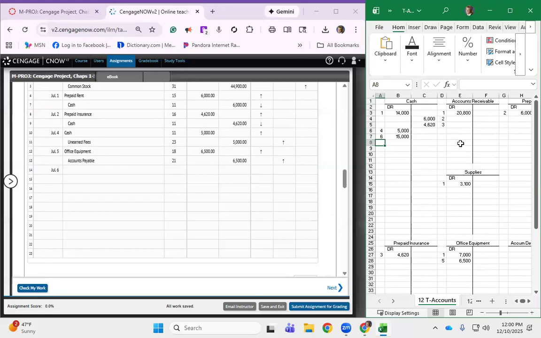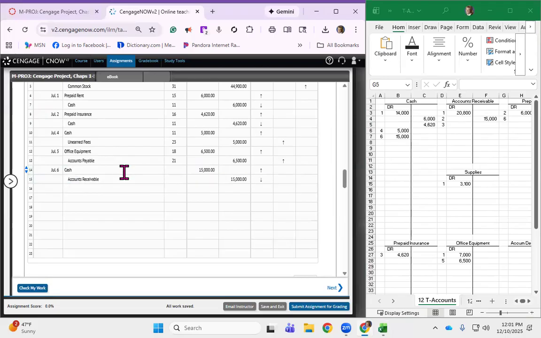And where's that coming from? Remember, there was already a balance sitting in accounts receivable from the very first entry. So now 15,000 is coming in from customers who we have on account. So we're going to get a debit to cash and a credit to accounts receivable. Now, normally accounts receivable will have the name of the customer on there, but in this case, they're not. But that's okay. Accounts receivable.